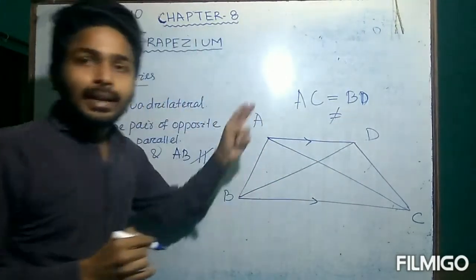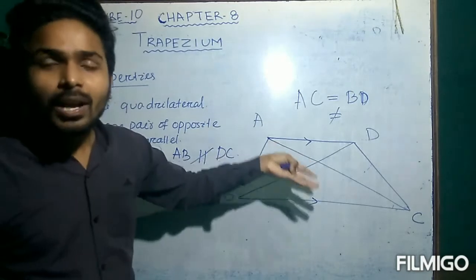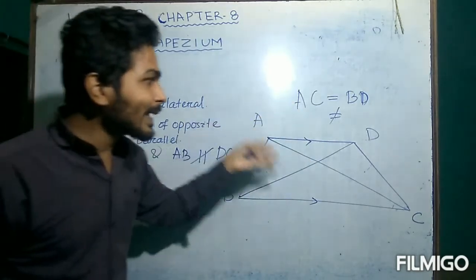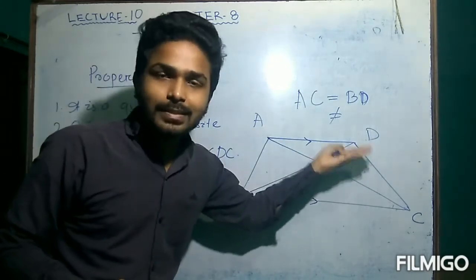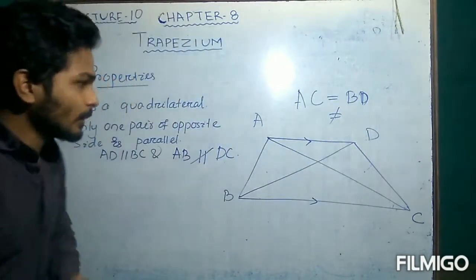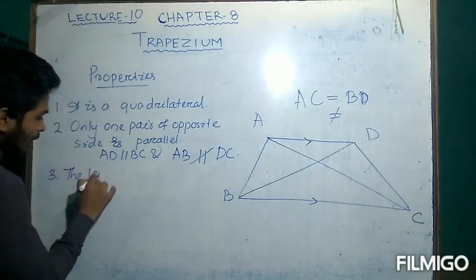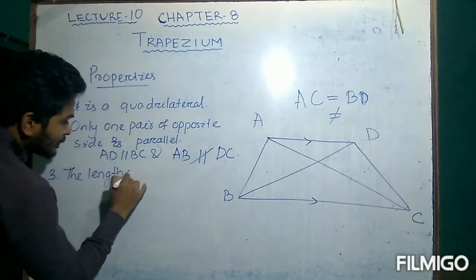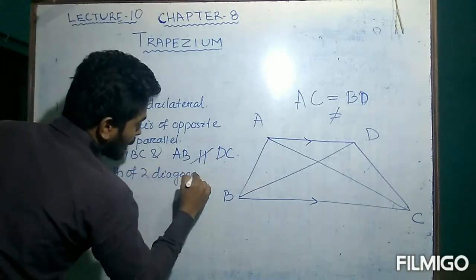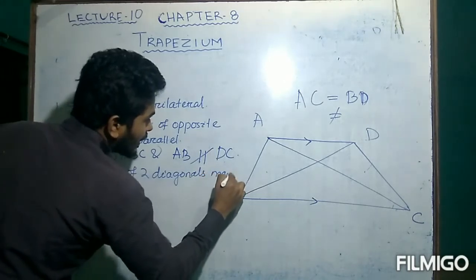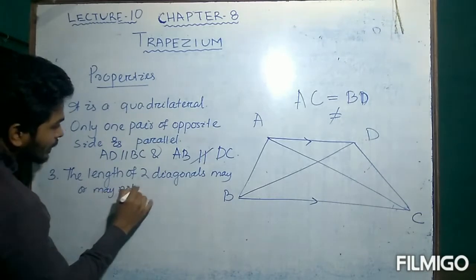We can determine that only after measuring, but we cannot say beforehand whether the two diagonals are equal or not. So here you can write: the length of the two diagonals may or may not be equal.